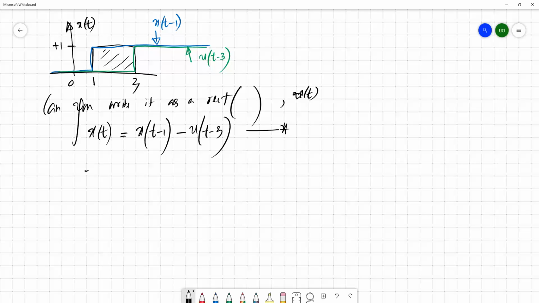How do you represent x(t) as a rectangular function?